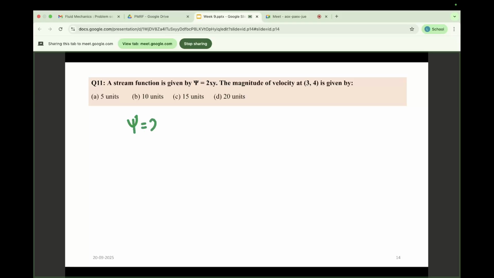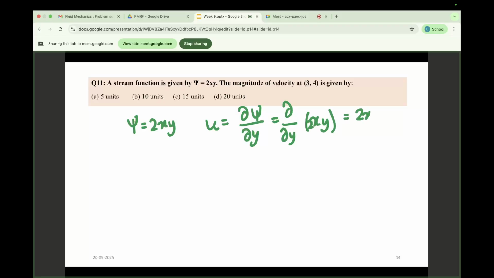This stream function is 2xy. So we know this u is the partial derivative of this stream function with respect to y. So that means the derivative of 2xy: 2x would be constant and the derivative of y is 1.